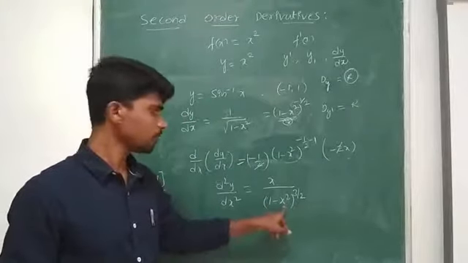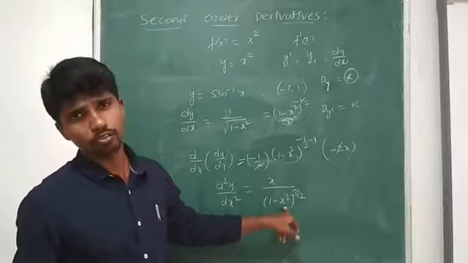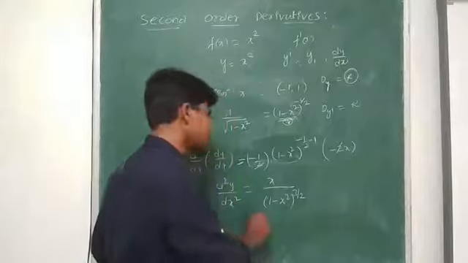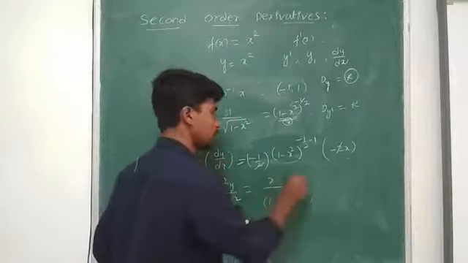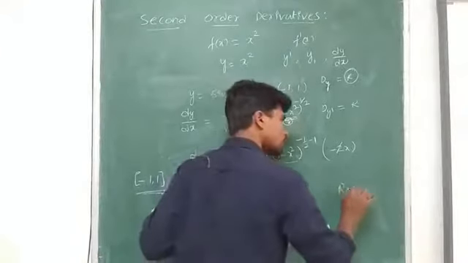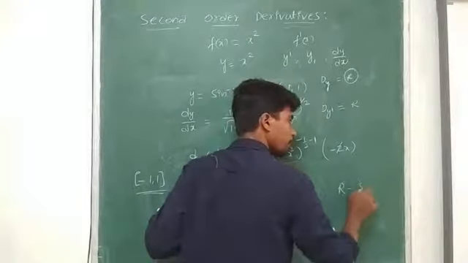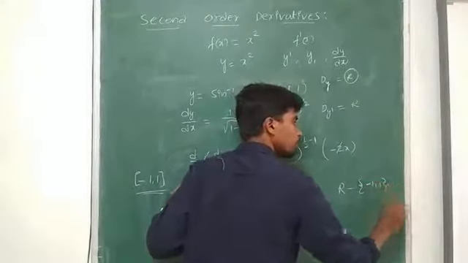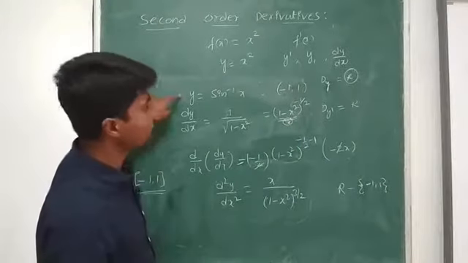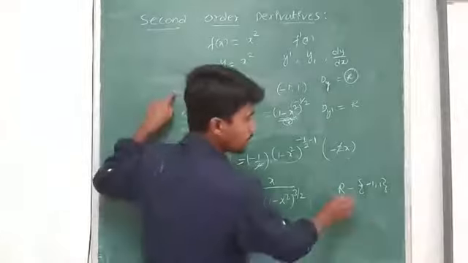So x should not be either minus 1 or plus 1. And this d square y by dx square exists for all real numbers in -1 comma 1, but the function does not exist for the other numbers.